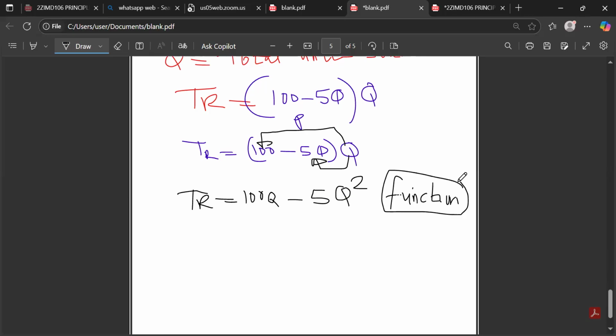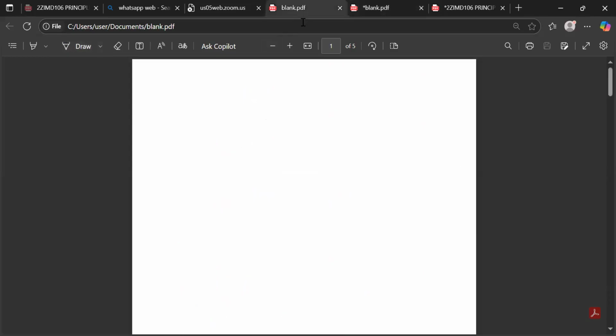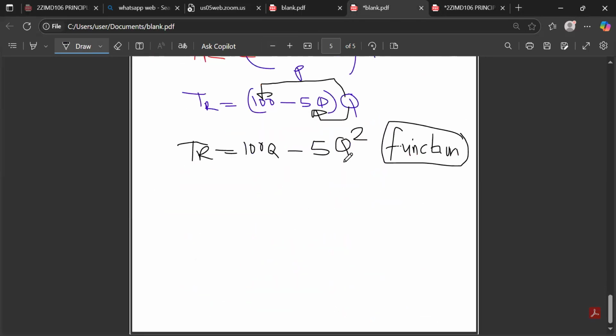Yes. Now, part B says find the value of quantity to maximize the revenue. Let me explain something here. We have the function, which is 100Q minus 5Q squared.